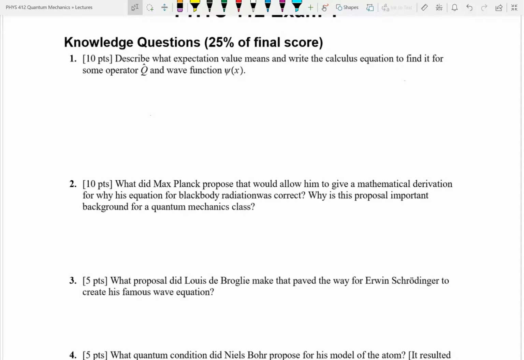It's like the average of, let me say, a statistically meaningful number of measurements.